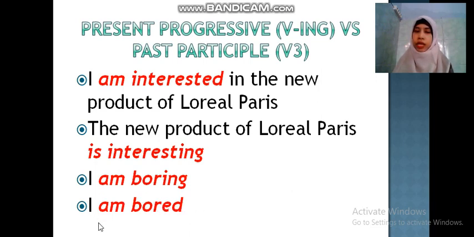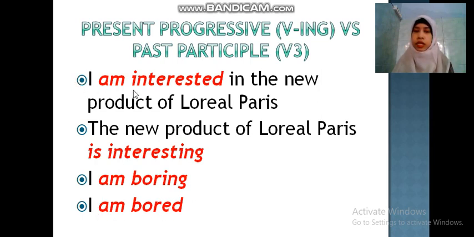The correct one is I'm bored, saya bosan. But when you say I'm boring, it means saya membosankan. So this is stative passive: you state your condition, so you say I'm bored using the past participle.